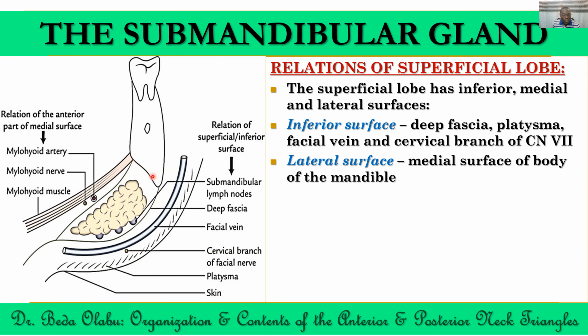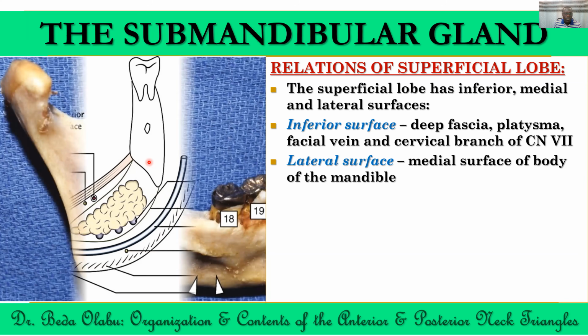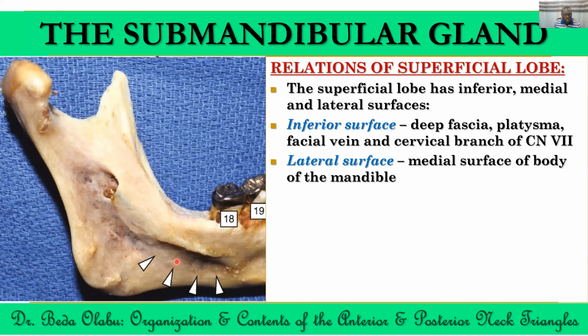So the submandibular fossa of the body of the mandible is the lateral relation. You can see the fossa there. So that's the mylohyoid line for attachment of the deep lamina of the investing fascia. And the superficial lamina of the investing fascia attaches there.